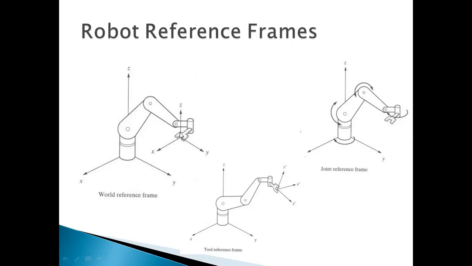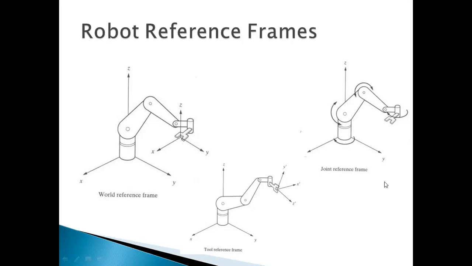If you define another frame at the wrist, X, Y and Z, then how this axis is moving relative to this axis depends upon the number of degrees of freedom, the number of joints, and the number of links used in the open chain, or in the robot. We will discuss later in detail how we can calculate the relative position of the wrist frame with respect to the world reference frame.